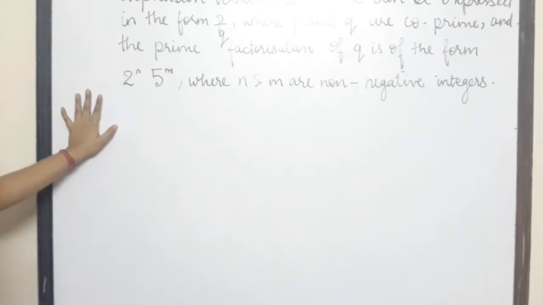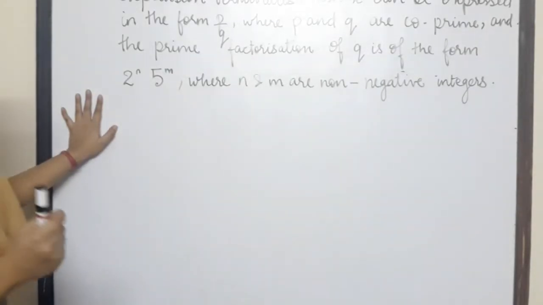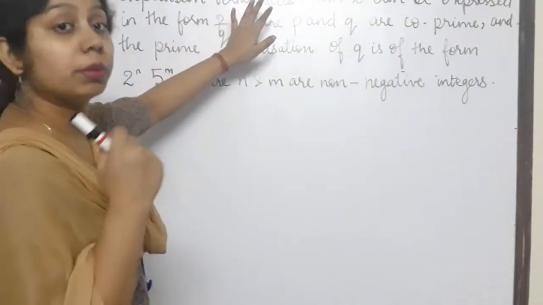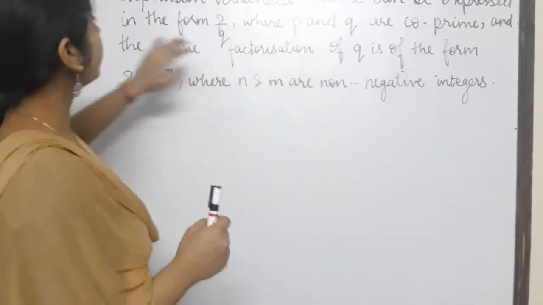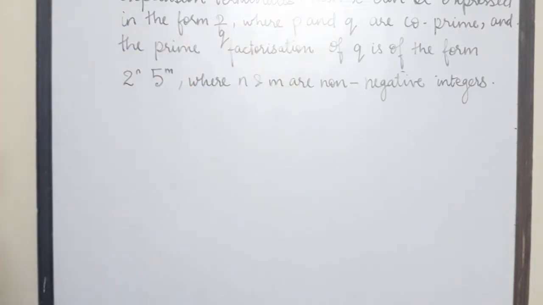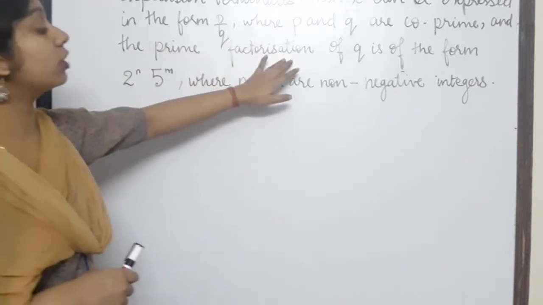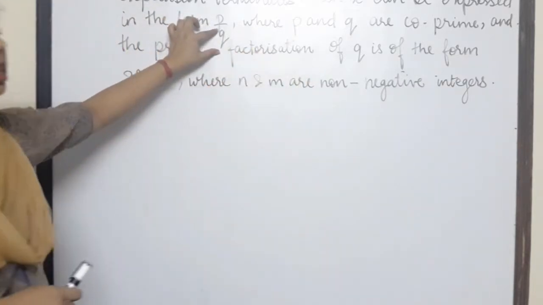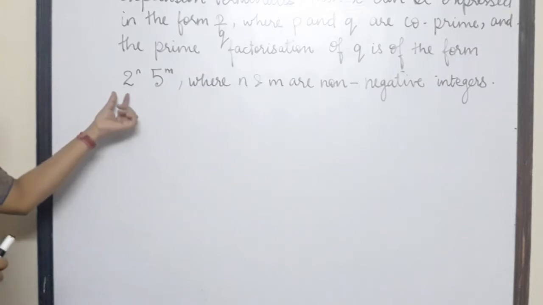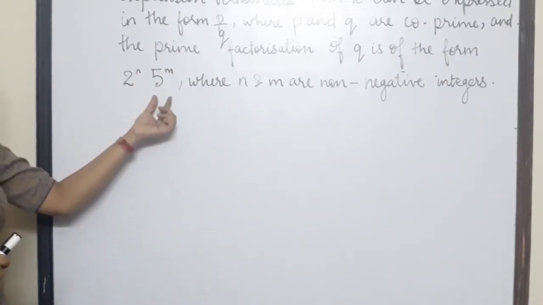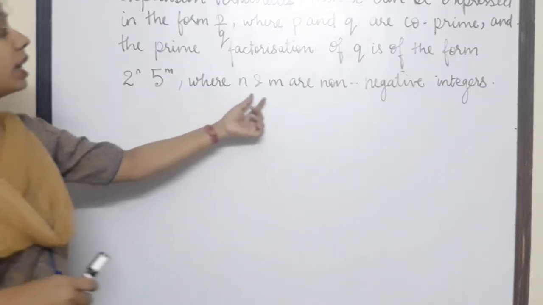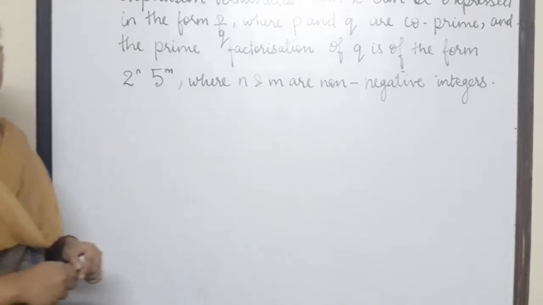The expansion will stop at a certain point, and the remainder will be a 0. Then x can be expressed in the form of p by q, where p and q are co-prime numbers, and the prime factorization of q, that means the denominator, is written in the form of 2 to the power n into 5 to the power m, where n and m are non-negative integers.